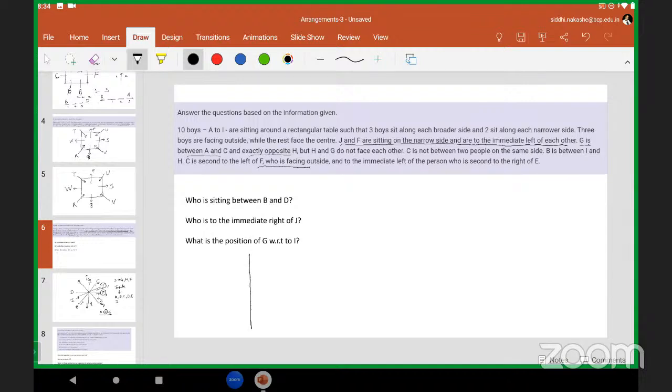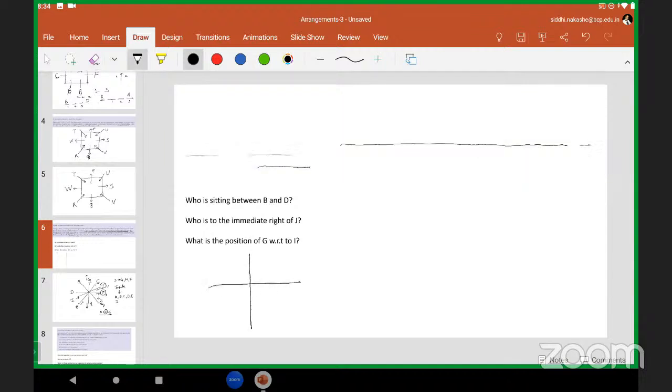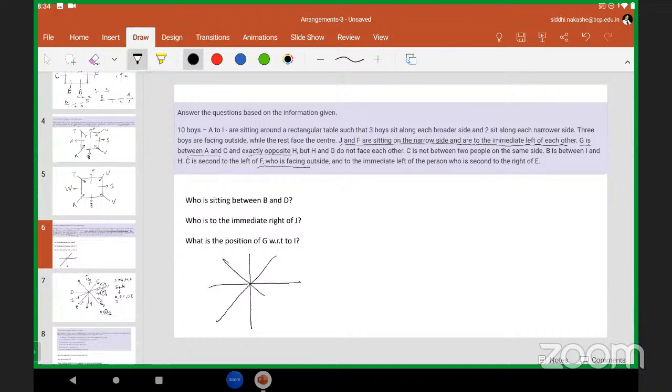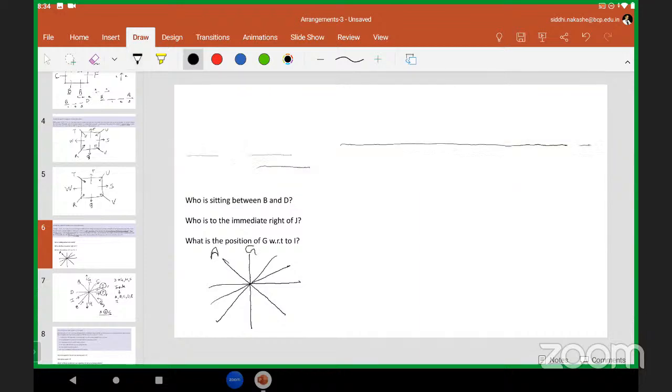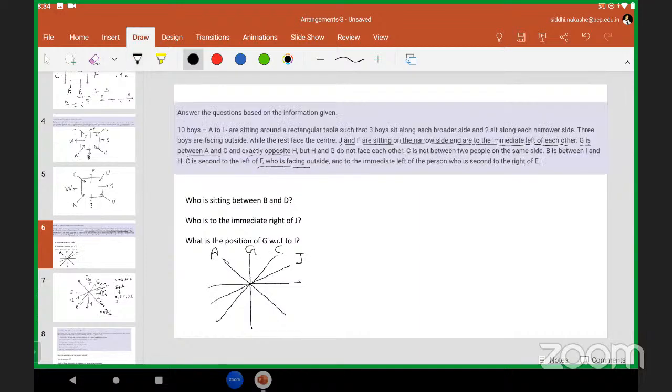This is 1, this is 2, this is 3, this is 4, and this is 5. So this was A, G, C, J, F, D, I, B, H, and E. The people facing outside were H, G, and F, and the rest were facing inside.